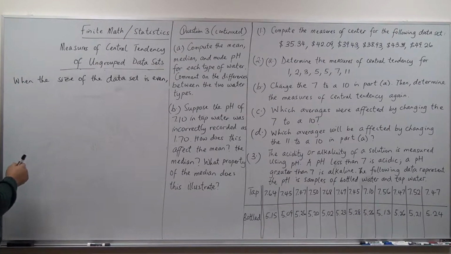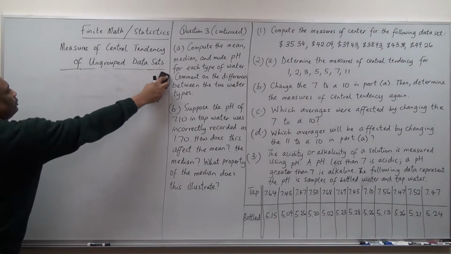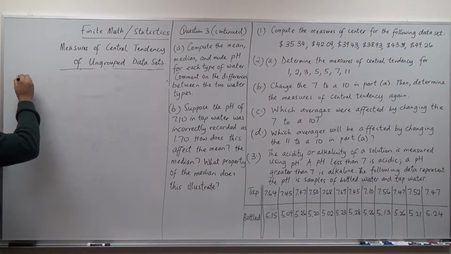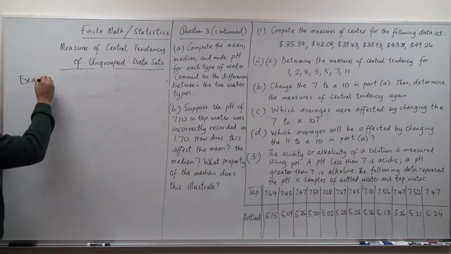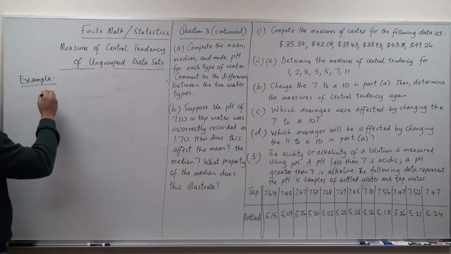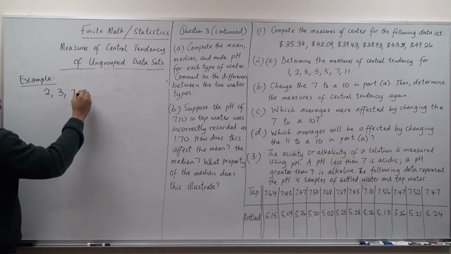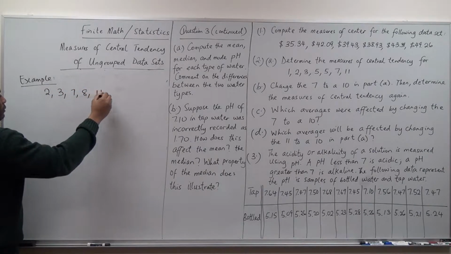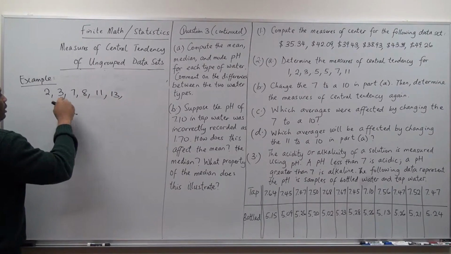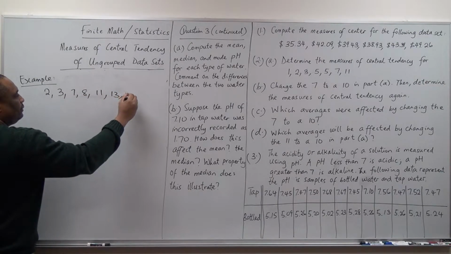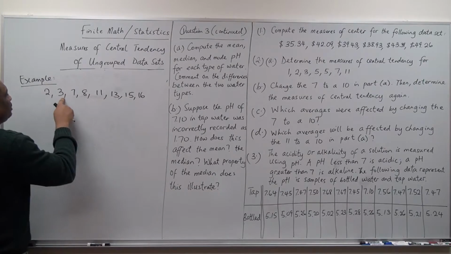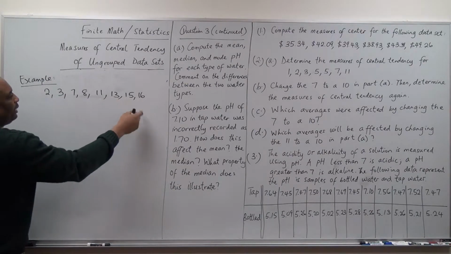Let's say we have 2, 3, 7, 8, 11, 13, 15, 16. 1, 2, 3, 4, 5, 6, 7, 8.